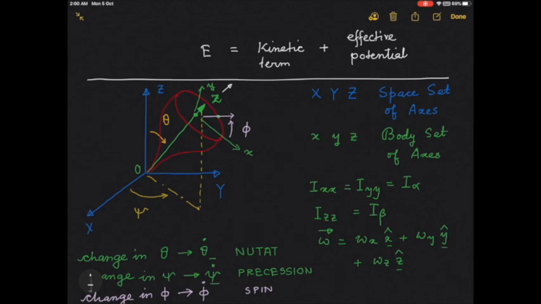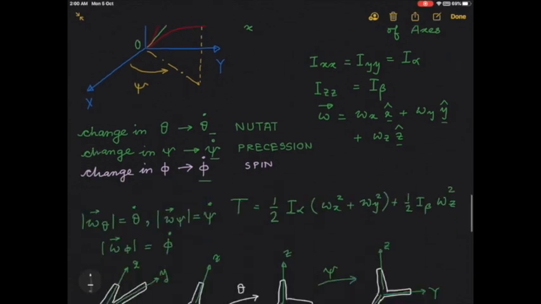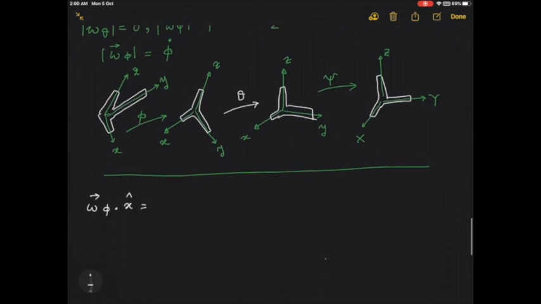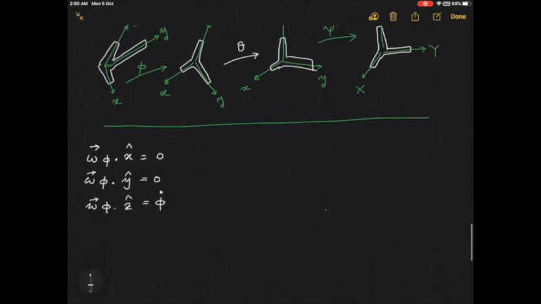So both the body x and body y components are 0. So omega phi dot x cap is 0. Omega phi dot y cap is 0. Omega phi dot z cap is phi dot. So phi dot is completely along z.